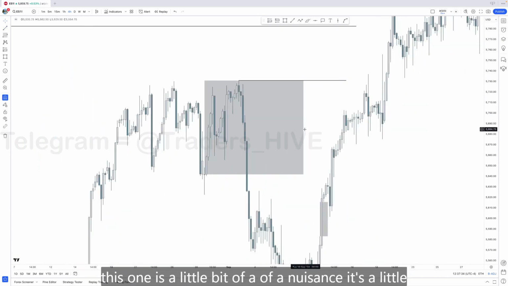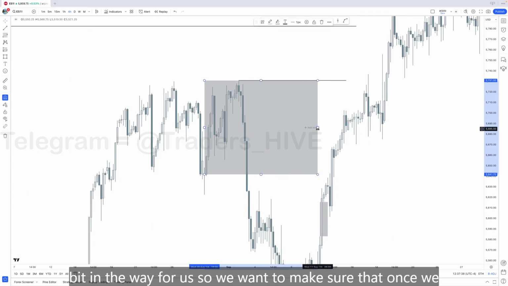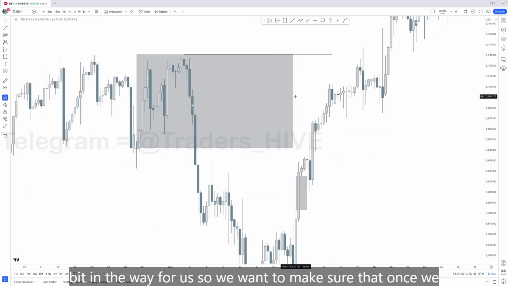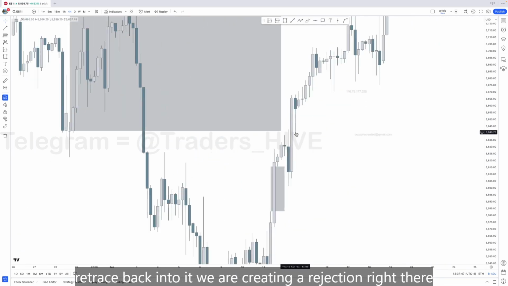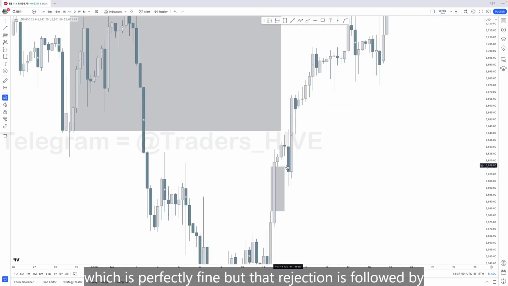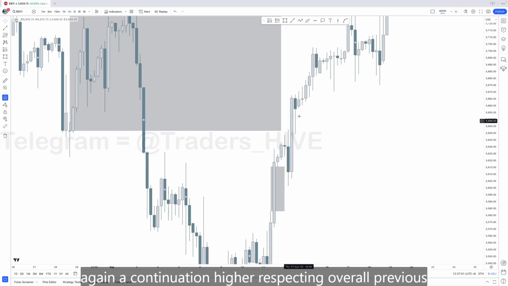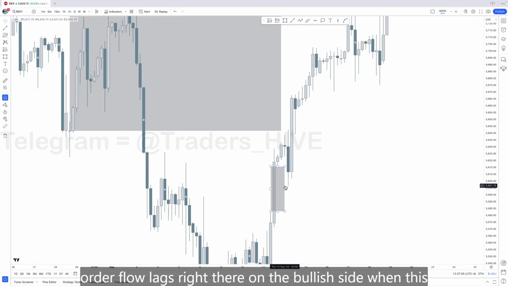But this one is a little bit of a nuisance, as it's a little bit in the way for us. So we want to make sure that once we retrace back into it, we are creating a rejection right there, which is perfectly fine. But that rejection is followed by, again, a continuation higher, respecting overall previous order flow lags on the bullish side.